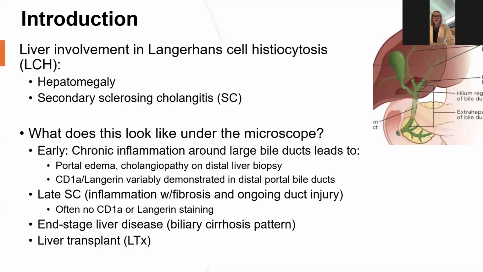And as we said, the Langerin and CD1a at this stage can be variable, demonstrated in some cases, but not all. And in that late phase that John showed, there's a lot more fibrosis. That's where you get that onion skinning fibrosis around those ducts. And with that ongoing injury, it leads to end-stage liver disease, which we call a biliary cirrhosis pattern, and then often liver transplantation is needed.